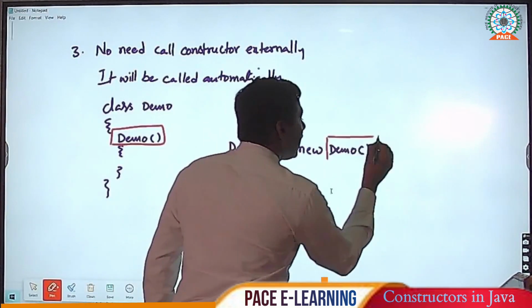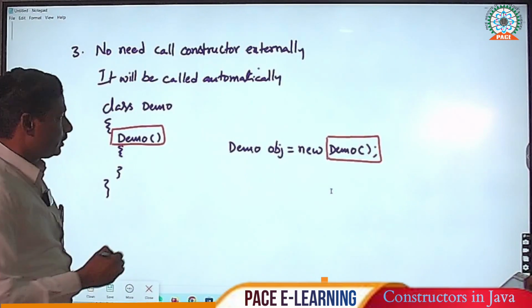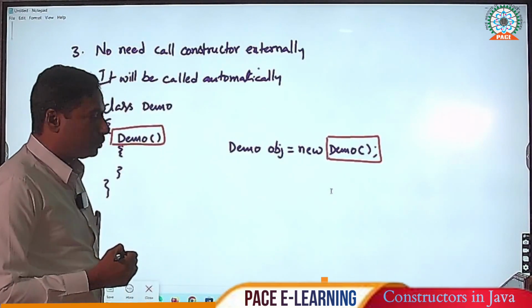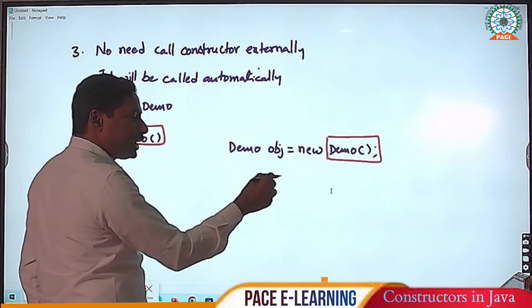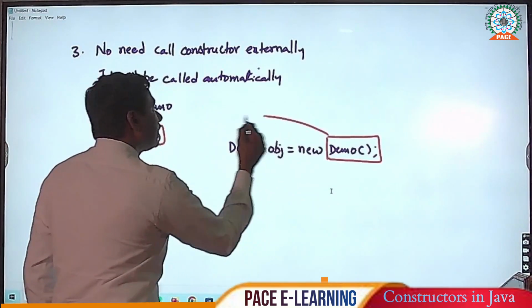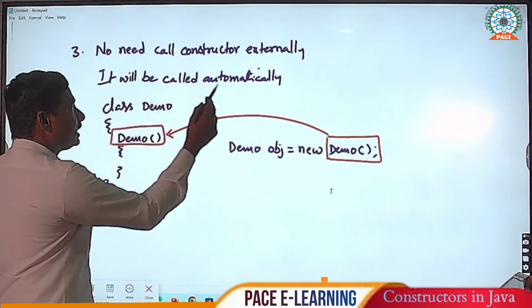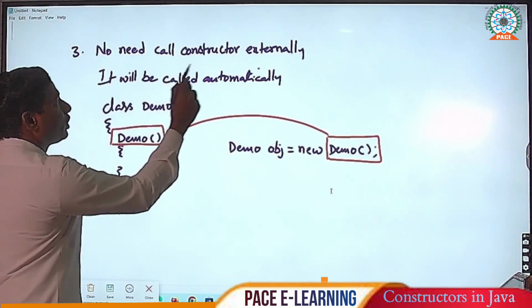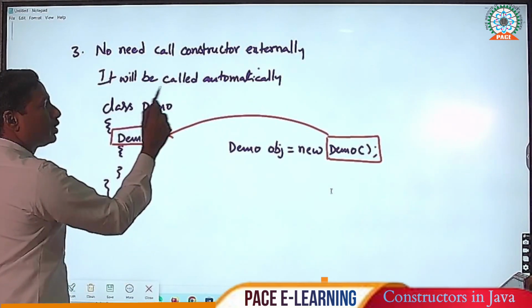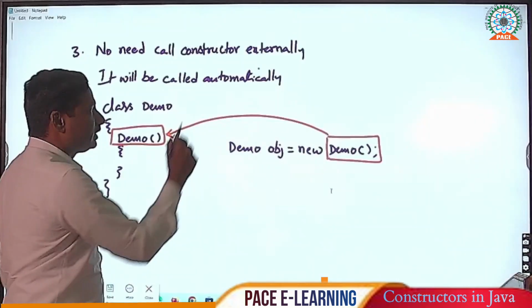You are indirectly calling Demo when you are creating an object. So as a part of creating an object, indirectly, without our knowledge, within the syntax, we are calling a constructor. This is the meaning of calling a constructor automatically. So point number 3 is no need to call the constructor externally. It will be called automatically at the time of creating an object.